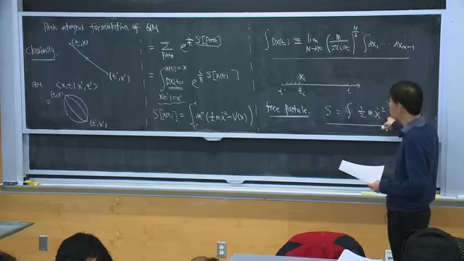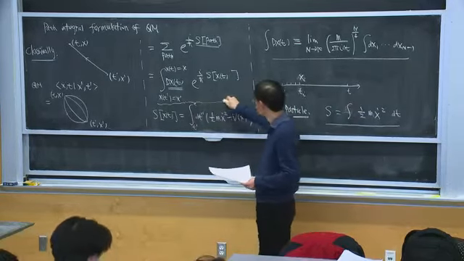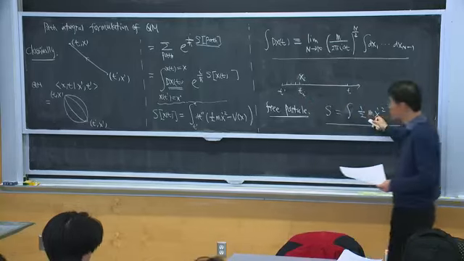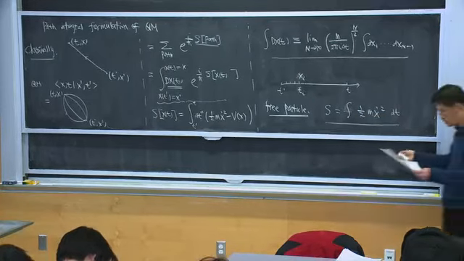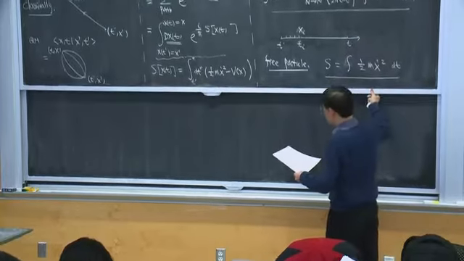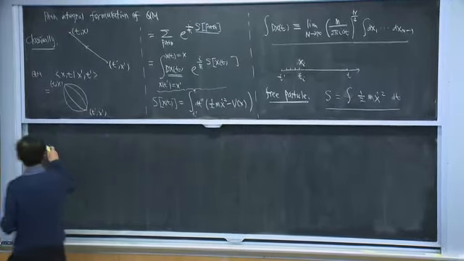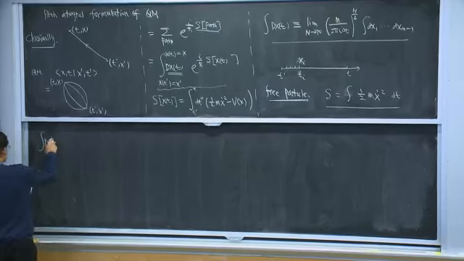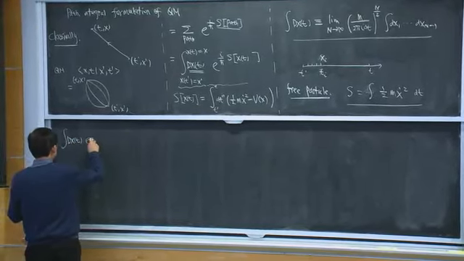When S is equal to this, this is like a Gaussian integral, because this is quadratic in x. So in this case you have a Gaussian integral, and then schematically you have something like this.